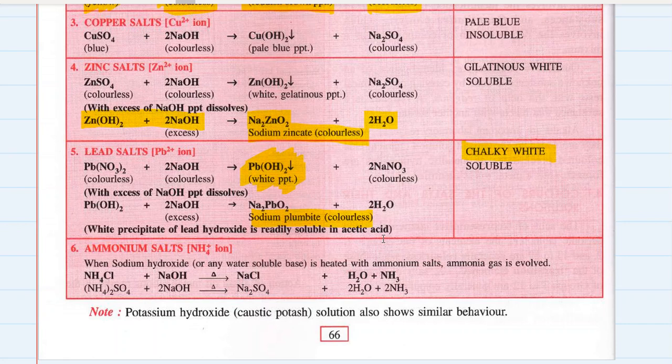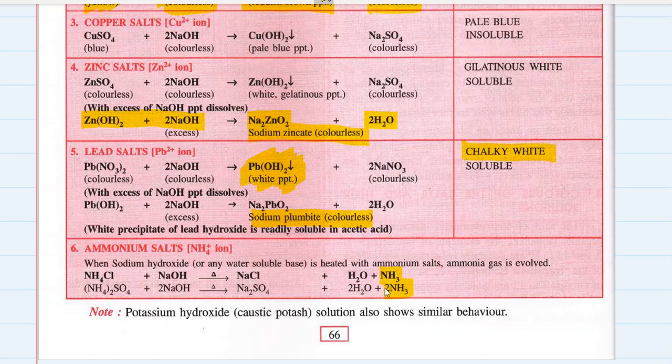Ammonium salt. Suppose you have ammonium chloride and you want to check the kind of positive ions present in that salt. You add your alkali to it, and ammonia gas is evolved. You will observe evolution of a gas. If this gas is tested, we will study how, what the tests of ammonia are.